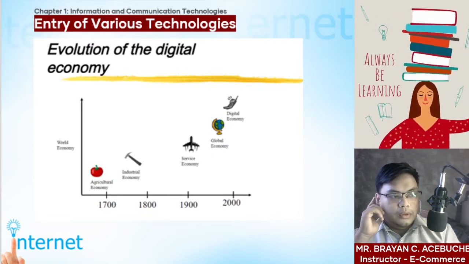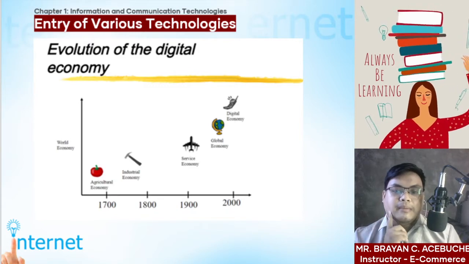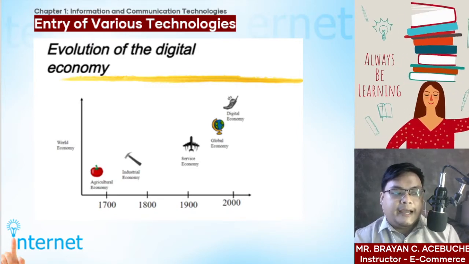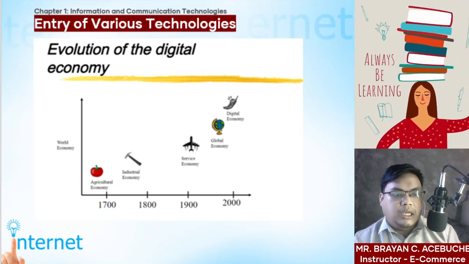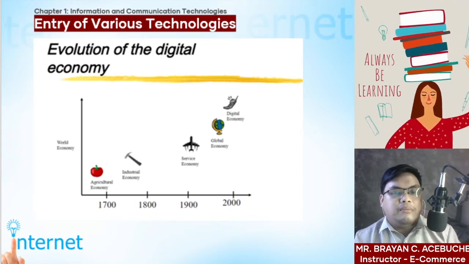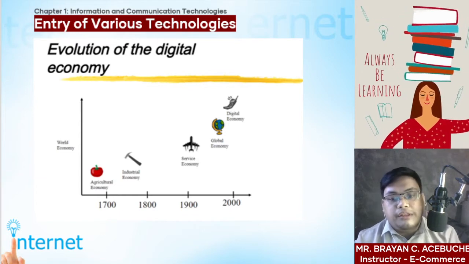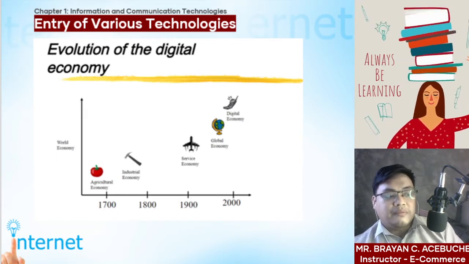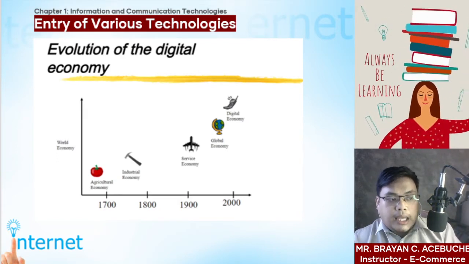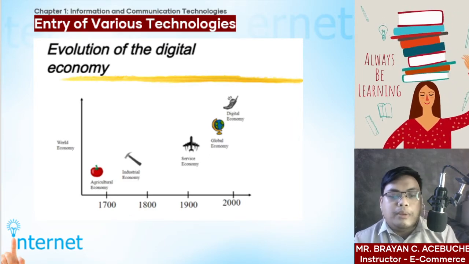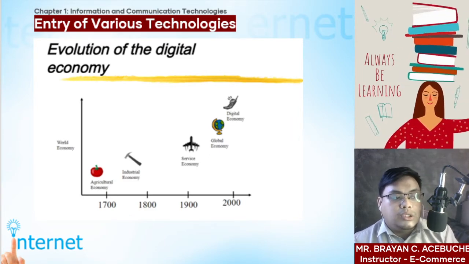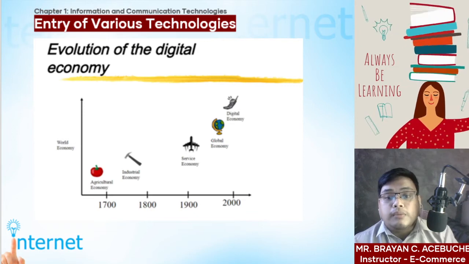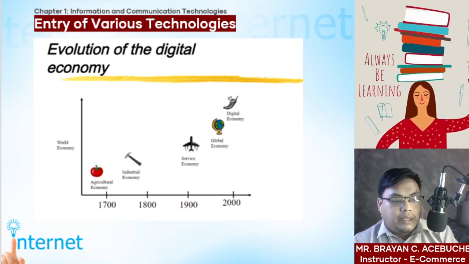Okay? So the diagram that you see in this slide indicates a slow growth of development from the agrarian economy towards the industrial and service economy. So what is astonishing in this figure is the rapid pace at which the world has moved from global economy to what is now known as the digital economy.